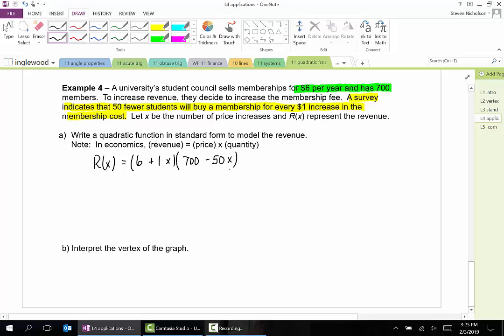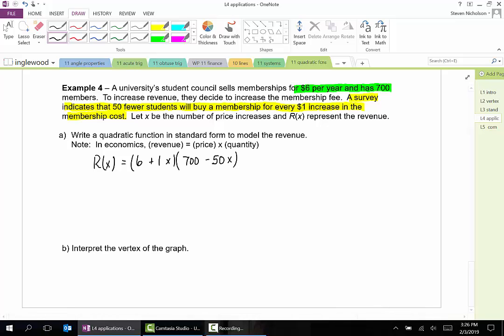So that's what the yellow highlights. Every time we do an increase of $1, we lose 50 people. And you might think right now, maybe we should sell it for less, and then we'd increase the number of people, and that's what we want to see.